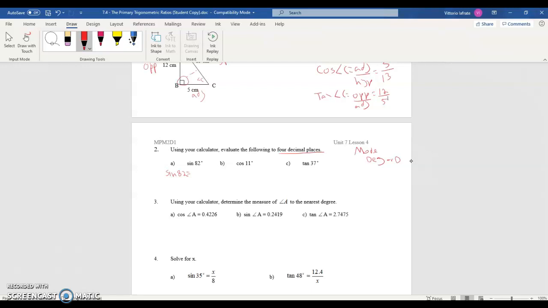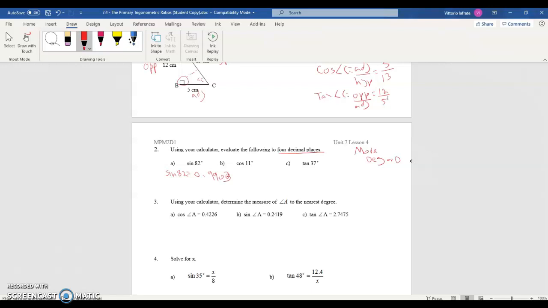So what you do next is you press the sine button on your calculator, and then input the degrees, so 82 degrees, sine of 82, right next to it, and I get 0.99026, so around 0.9903.